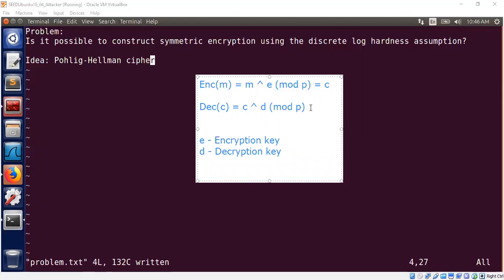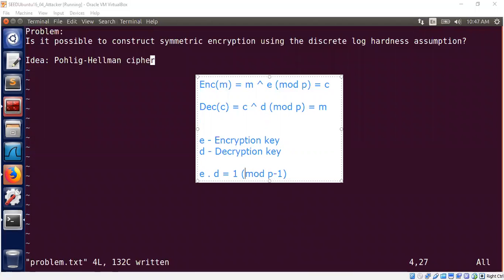Another important thing is how E and D are connected to each other. Otherwise, we wouldn't be able to decrypt and get back the message M, right? So how do we do that? It turned out that we can derive E and D in this fashion. As long as E and D have this interesting property, we are good to go.